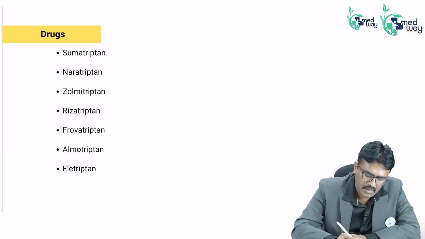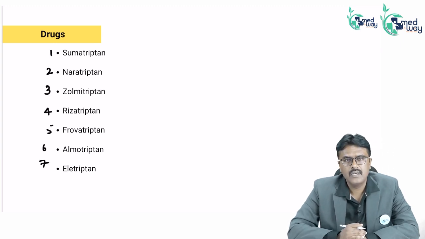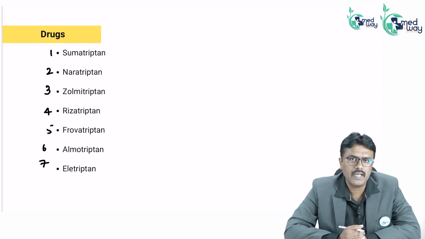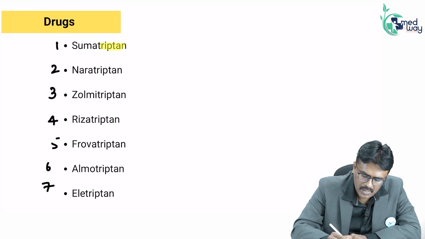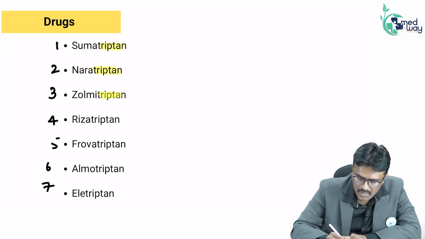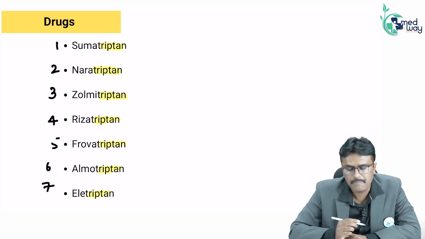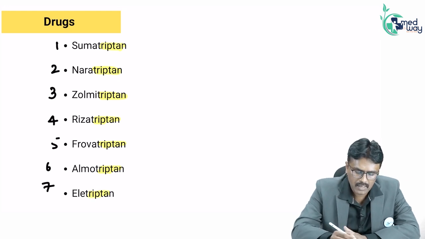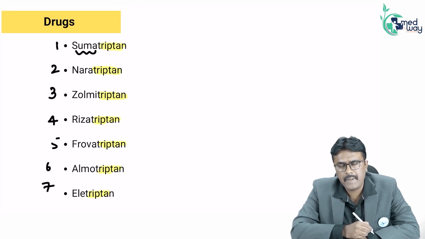If you see the number 1, 2, 3, 4, 5, 6, 7 triptans. Should I remember all the triptans for the exam? Not required. Please understand they end with the name triptan. Sumatriptan, naratriptan, zolmitriptan, rizatriptan, frovatriptan, almotriptan, eletriptan. If you don't want to remember, at least remember the sumatriptan and the mechanism.